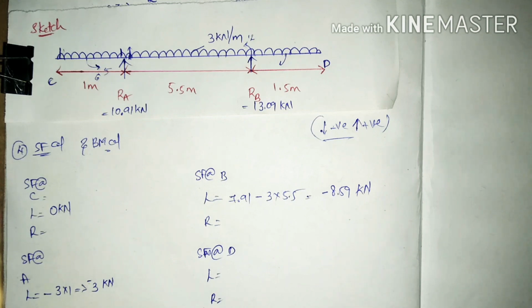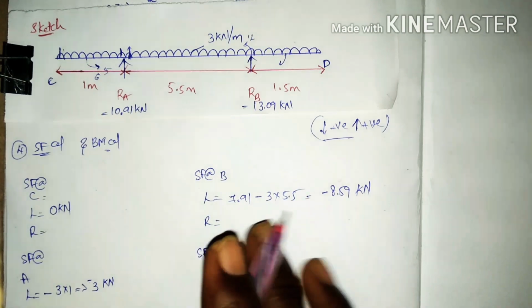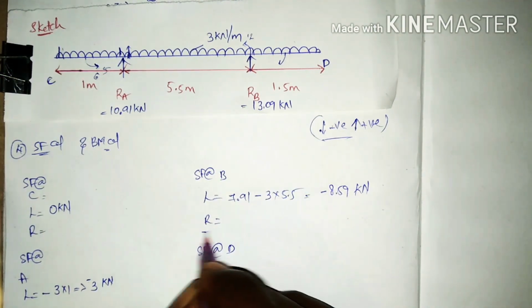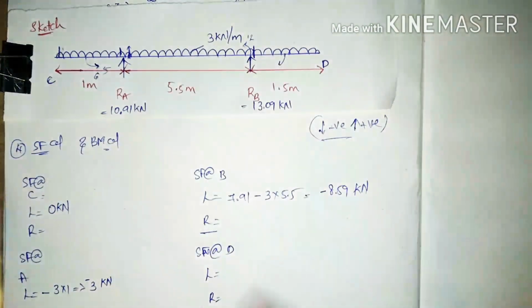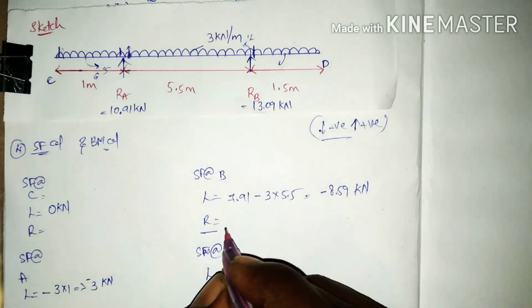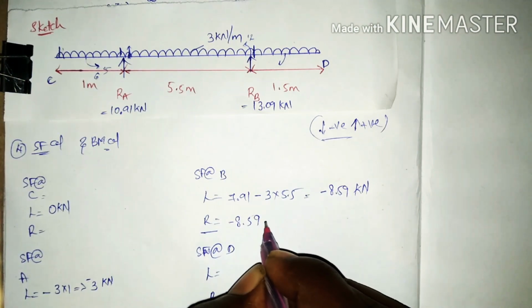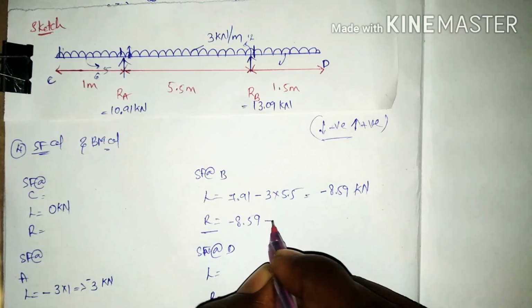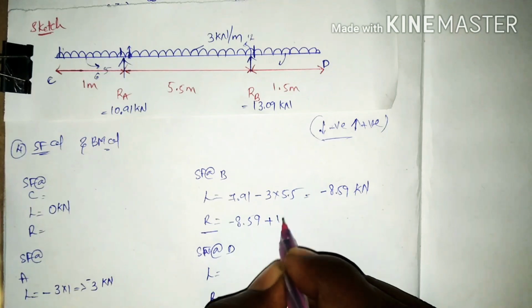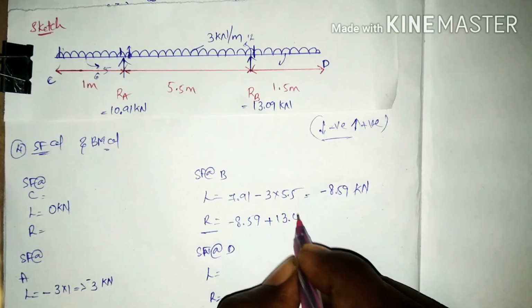And moving on to the right of B, here itself we are having an upward reaction, that is RB in the upward direction. Up to the left we are having minus 8.59. After the right we are having a positive RB reaction, the value of RB is 13.09.